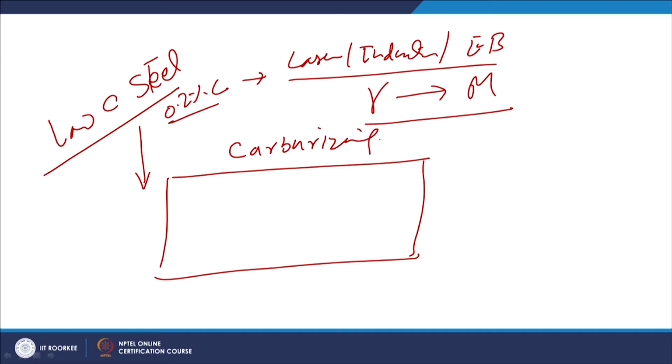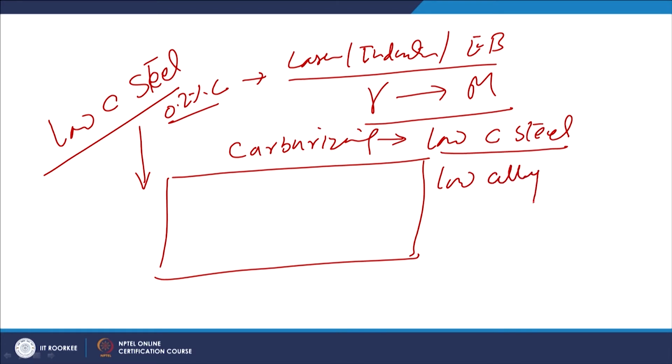In carburizing, the method is primarily used on low carbon steels or low alloy steels having very limited carbon content. Using carburizing will increase the carbon content, say from 0.2 to the 0.6 to 0.8% range.